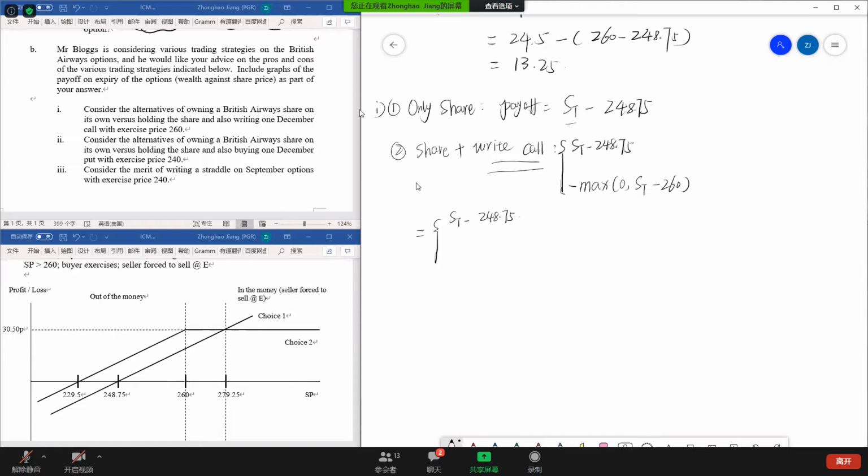When the stock price is larger than 260, the payoff of the written call is minus. And 0 when smaller than 260.